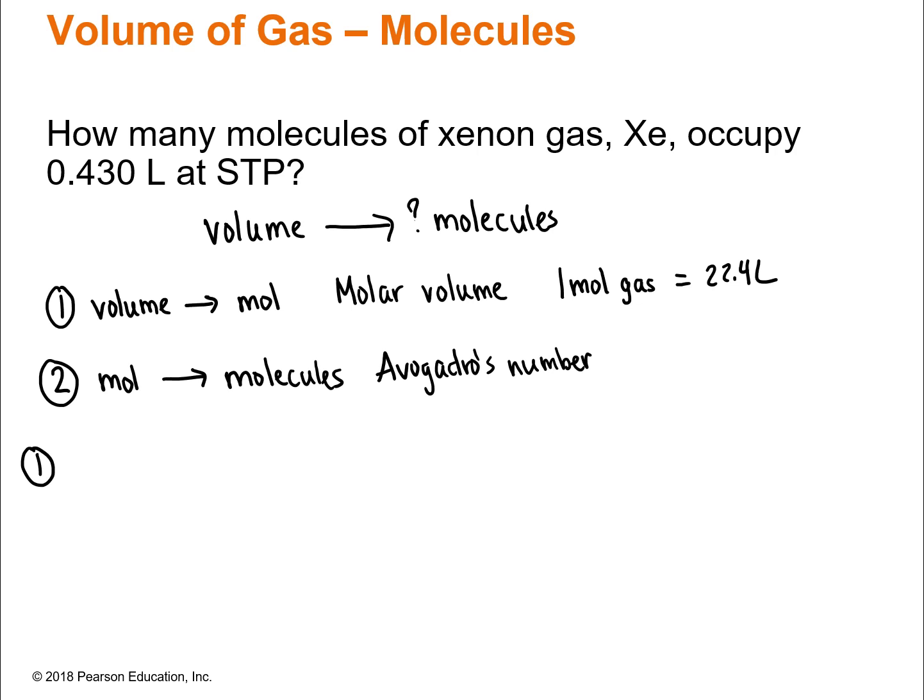We're trying to get rid of liters and get to moles. So that 22.4 liters, is that going to go in the top or the bottom for our unit factor? It's going to go on the bottom. In the top, we're going to put 1 mole of xenon.